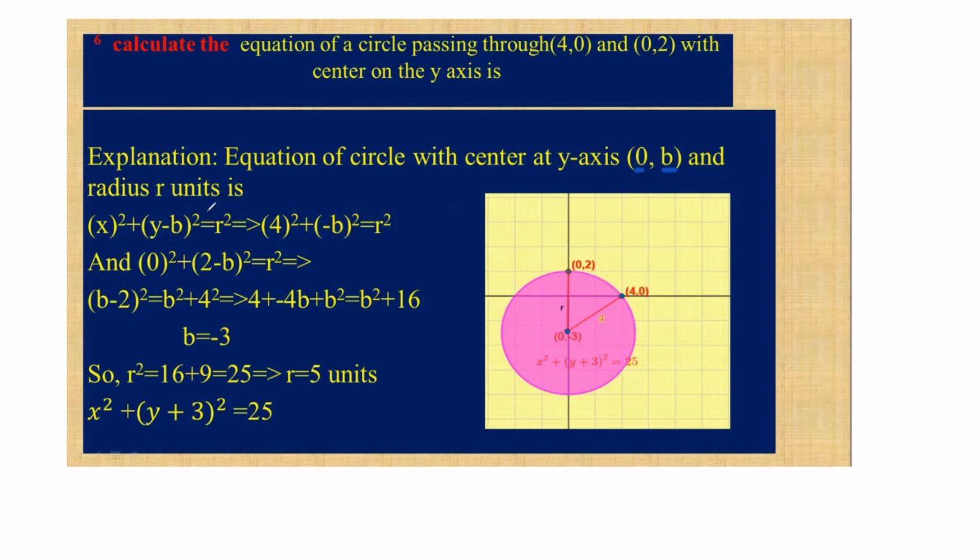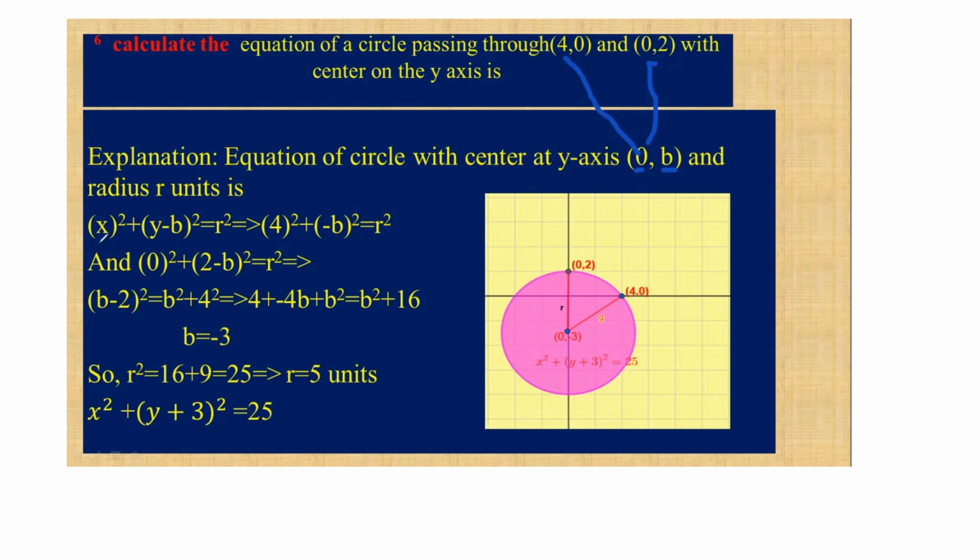Using the distance formula, remember that from the center to any point on a circle is an equal distance. That distance is the radius of the circle. So from the center to (4, 0), and from the center to (0, 2), have the same distance because the two points are on the circle.